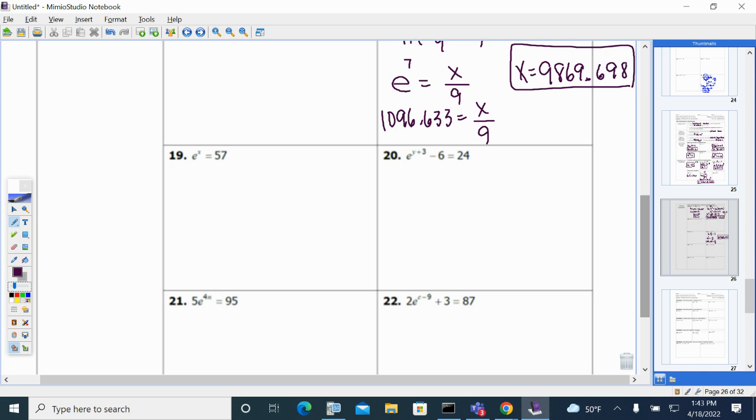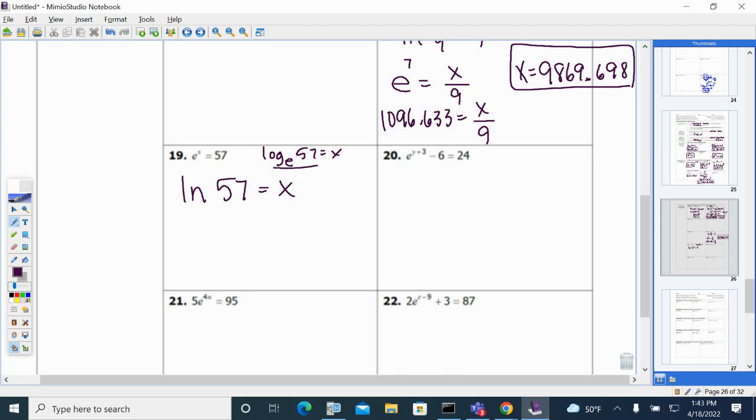So on number 19, the exponential part is already by itself. I'm going to write this as a natural log. So it's the natural log of 57 is equal to x. Now, if you need to go through that step where you're saying log base e of 57 is equal to x and then convert it to a natural log, I'm okay with that.